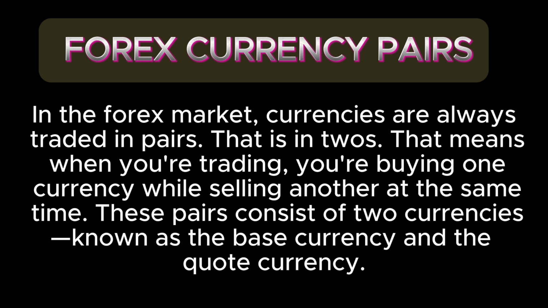For example, when you see EUR/USD, it is a currency pair where the Euro is the base currency and the US dollar is the quote currency. It basically means how many units of the quote currency, which is USD, are needed to buy 1 unit of the base currency. And mind you, the base currency must be higher in price than the quote currency.